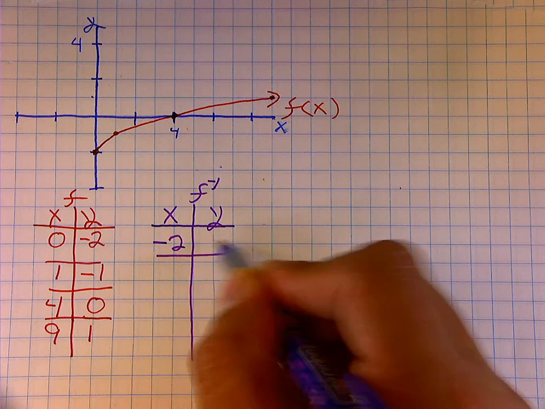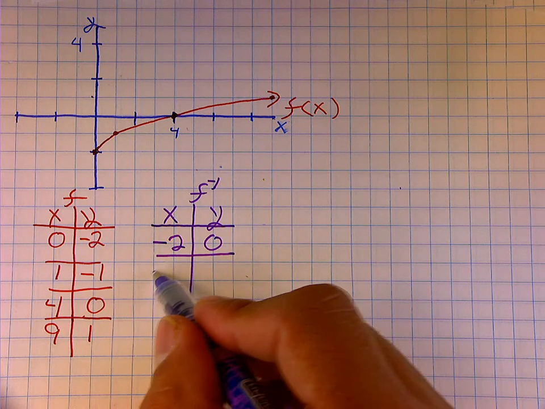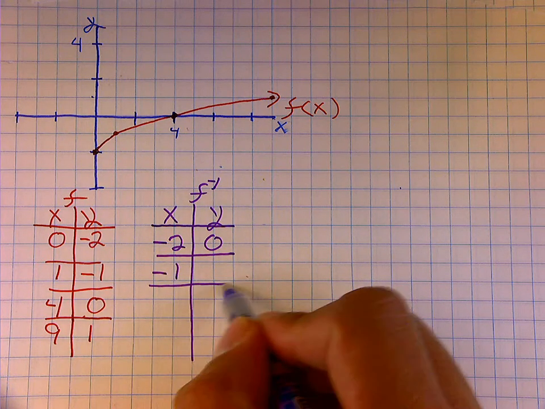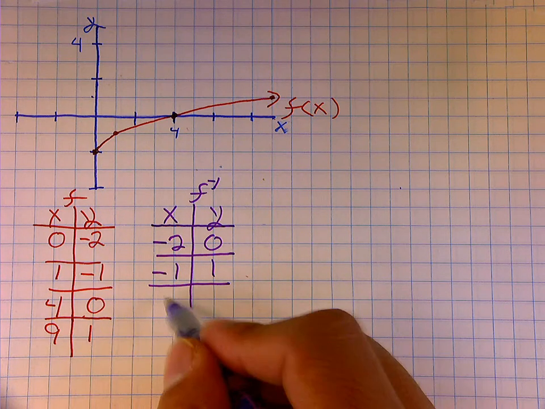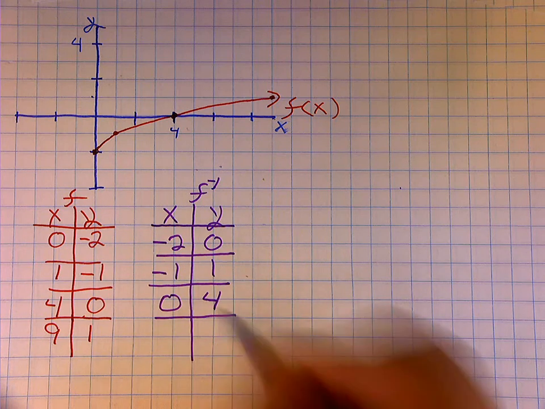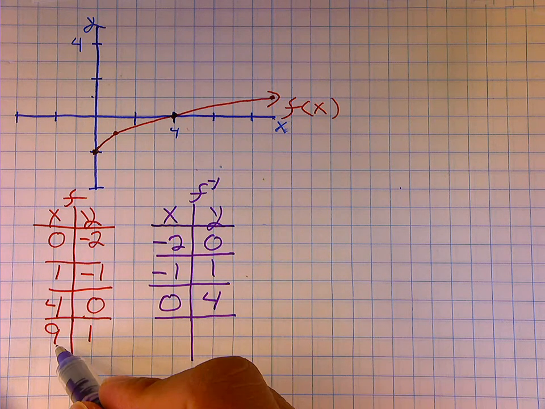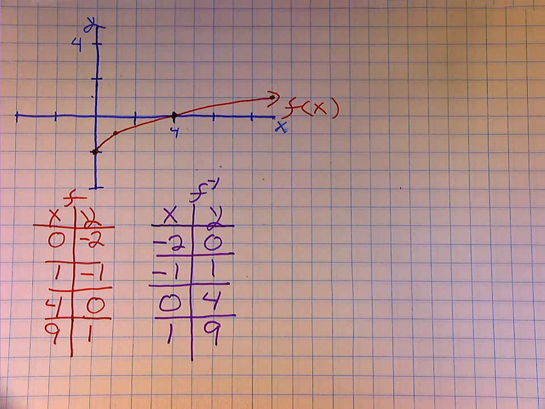The inverse is going to take it back to 0. F took 1 and made it a -1. The inverse will take that -1 back to 1. F took 4 and made it a 0. The inverse will take that 0 back to 4. The function took a 9 and made it a 1. The inverse will take that 1 and make it back into a 9.